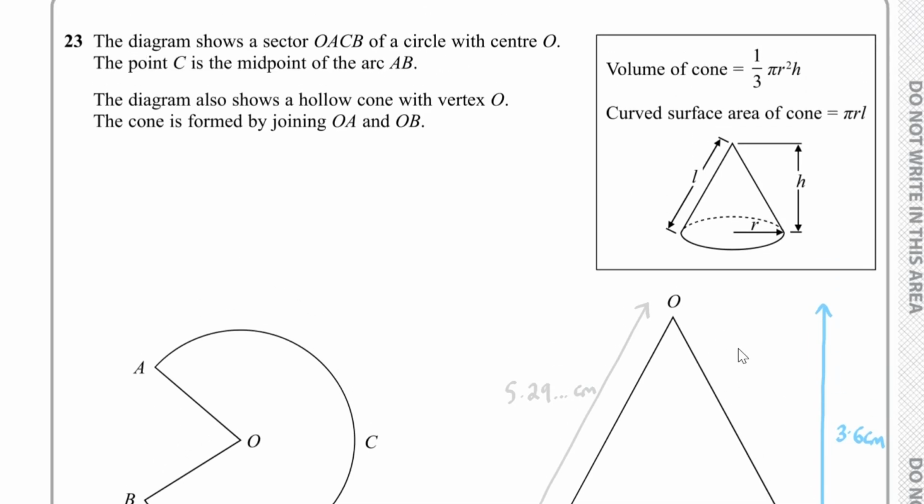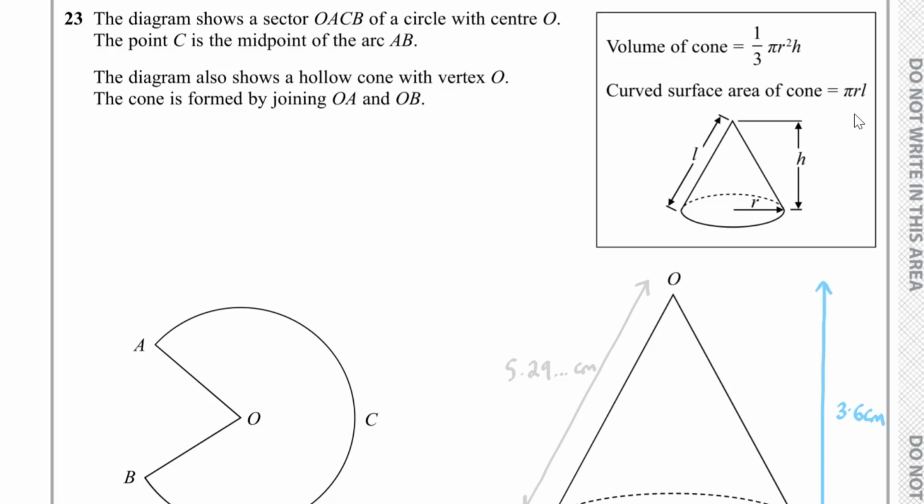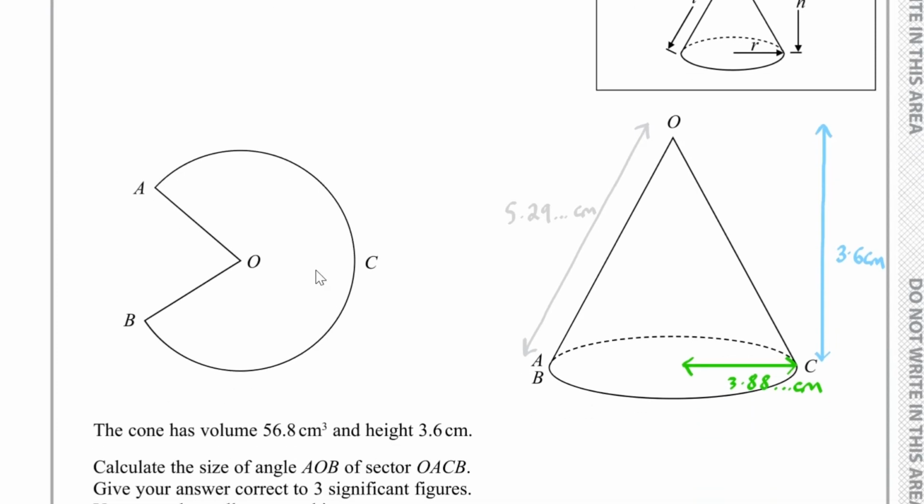Okay, so how does that help us? Because now we can work out the curved surface area of the cone, and the curved surface area is going to be the area of this bit, isn't it? And AO, which is equal to OB, is going to equal this 5.29, etc. centimeters, and this is also going to be 5.29, etc. centimeters. Okay, so what can I do now?